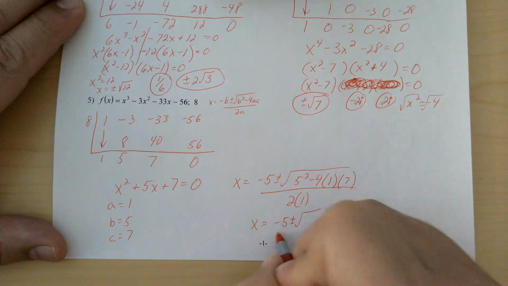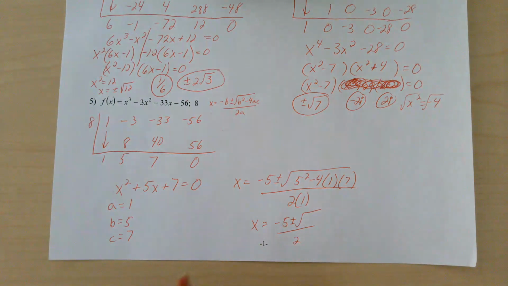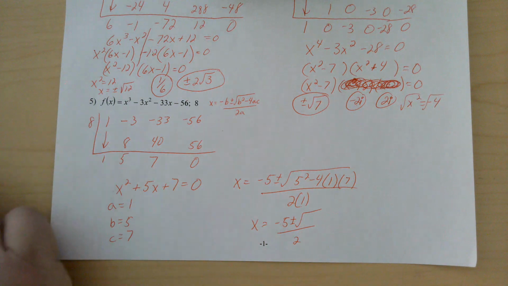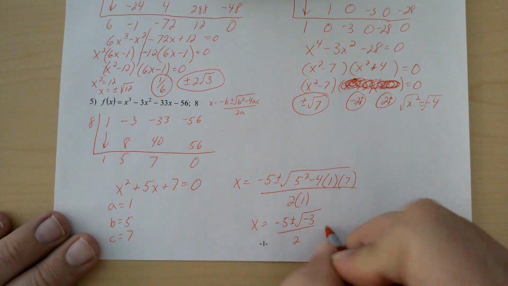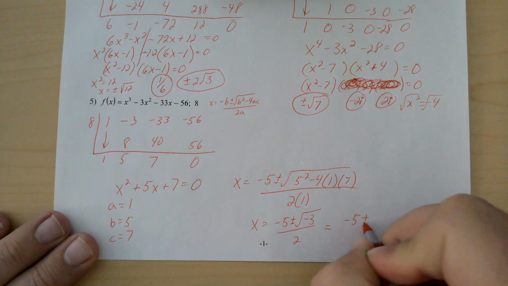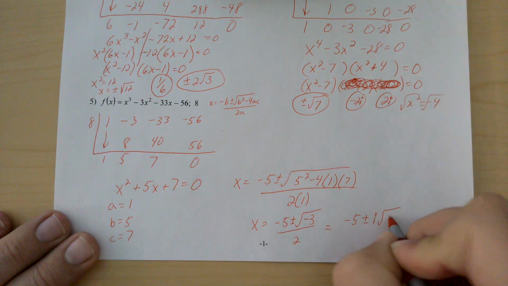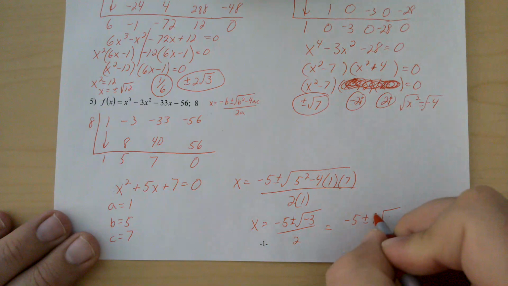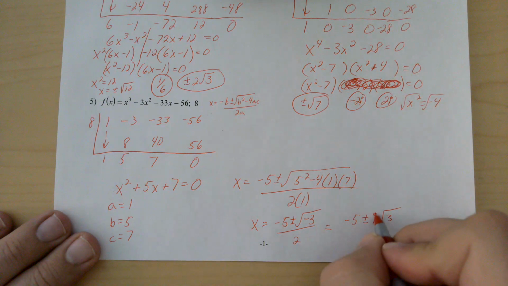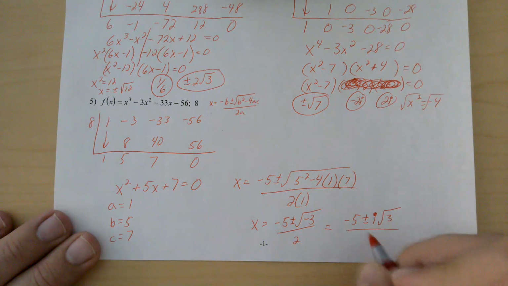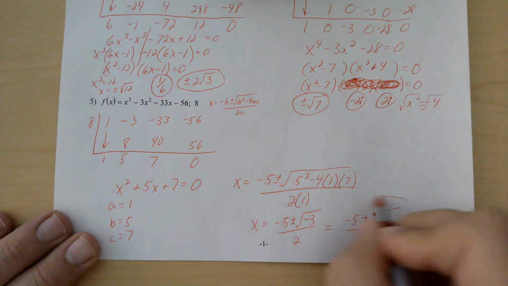And then all I ask for you to do is figure out the value of the discriminant, which in this case is 5 squared minus 4 times 1 times 7, and you get a negative 3. Since it's negative, it means we have two imaginary. So I put an i, make the negative 3 a positive 3. So it's i root 3 all over a 2.